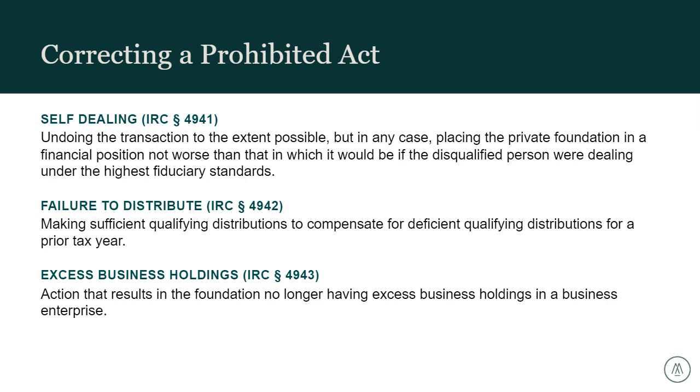And if you fail to distribute, of course, you would have to make up and make sufficient qualifying distributions. With excess business holdings, as well as jeopardizing investments, which are on the next slide, it's again getting out of those investments and getting back to the right position. Next slide, please.